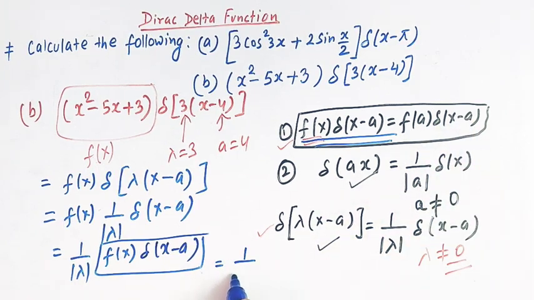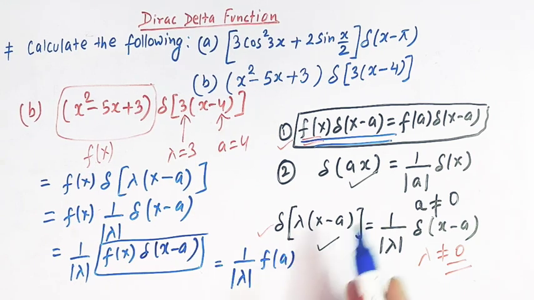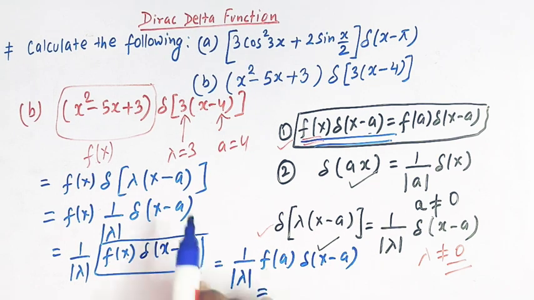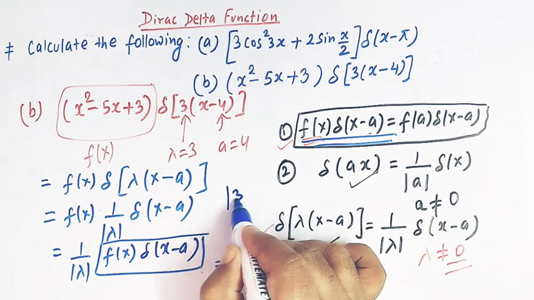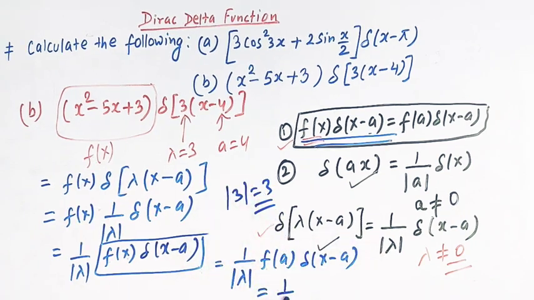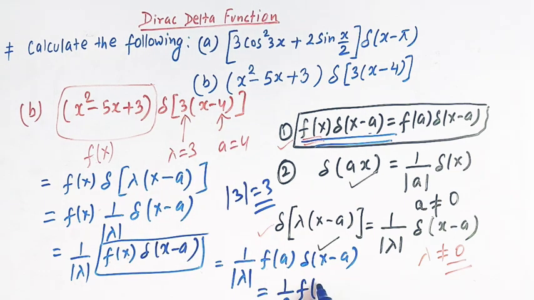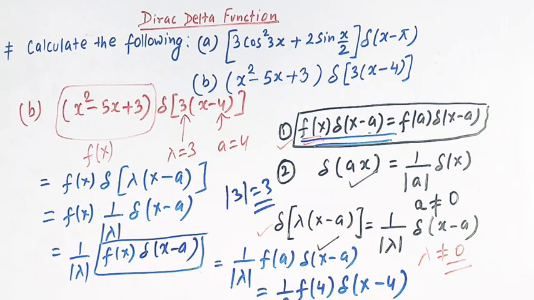So we have 1 over mod of lambda, and here we have f of a, and delta of x minus a. Now lambda is 3, so mod of 3 is simply 3. So we have 1 over 3, and a is 4, so here we have f of 4 and delta of x minus 4.